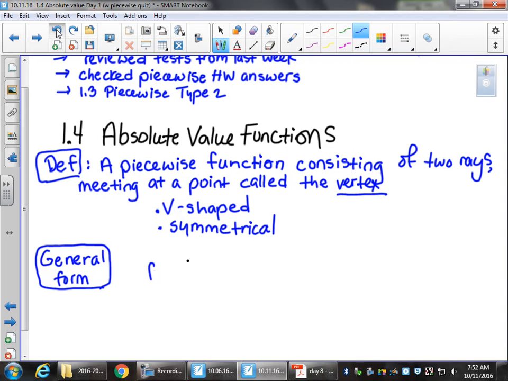Let's use y. Y equals a, and then in our absolute value bars, we have x minus h, close the bars, plus k.